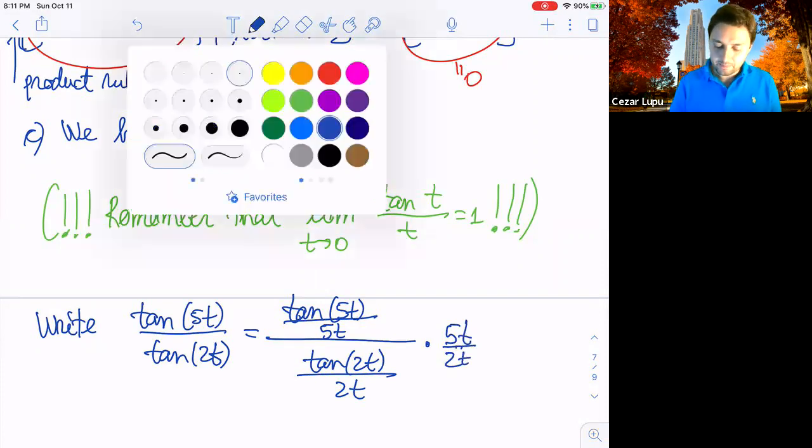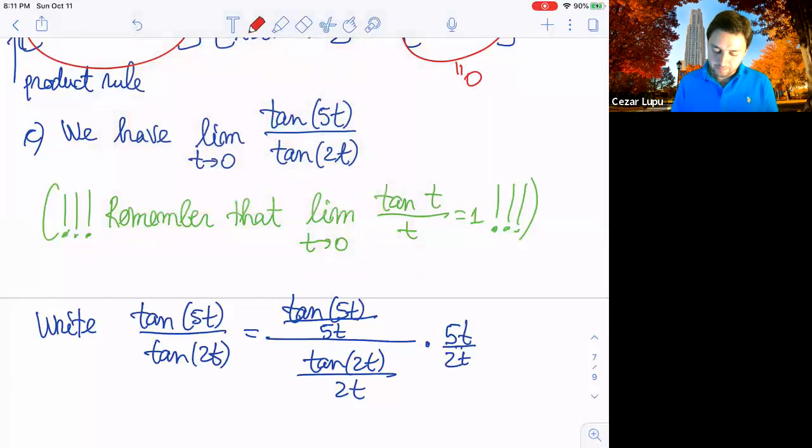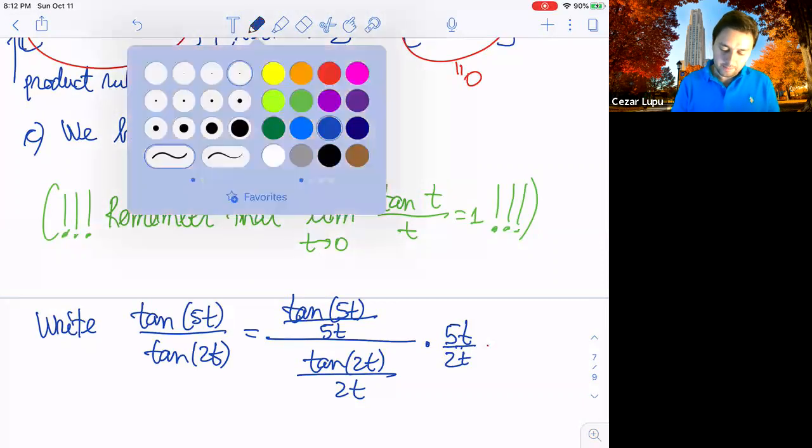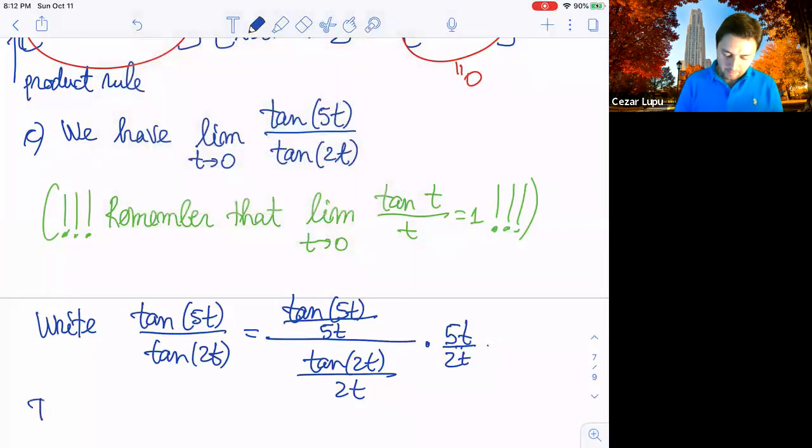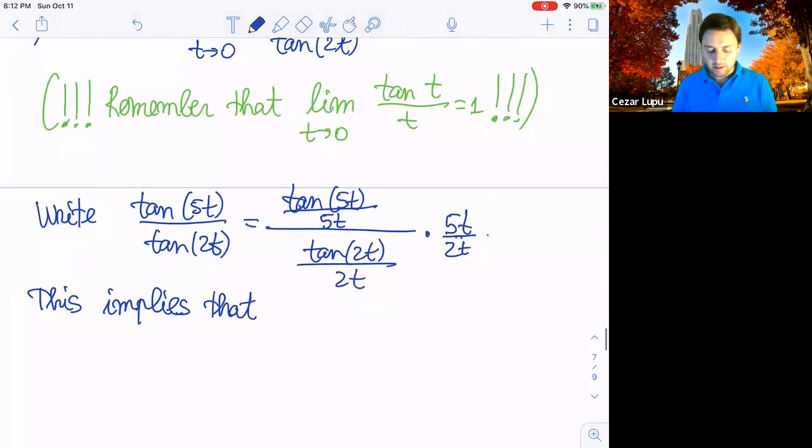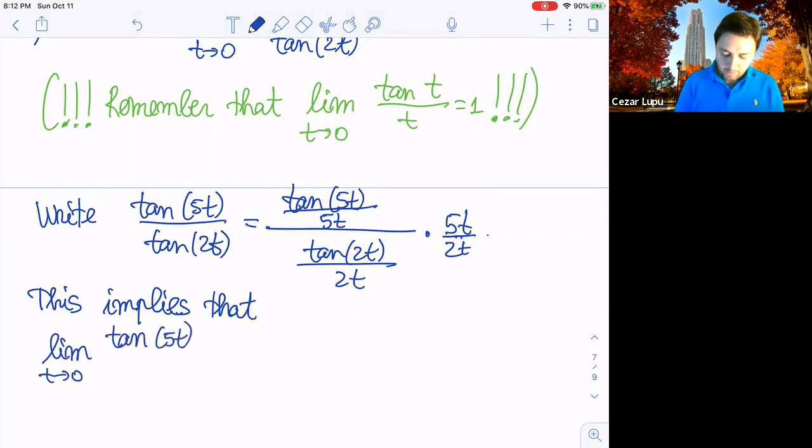And now, clearly, this implies that the limit as t approaches 0 of tangent of 5t over tangent of 2t.